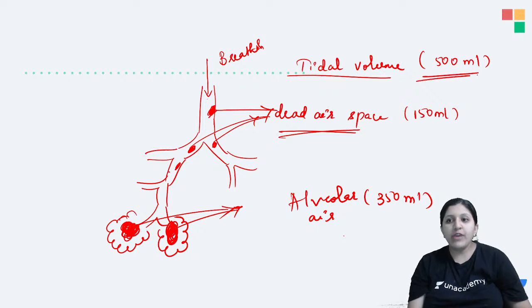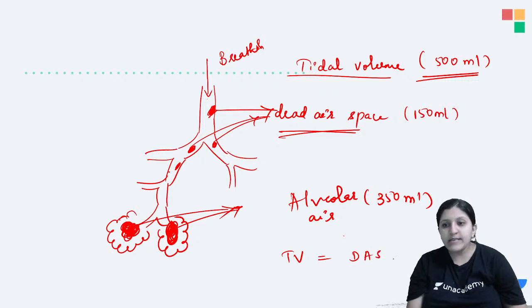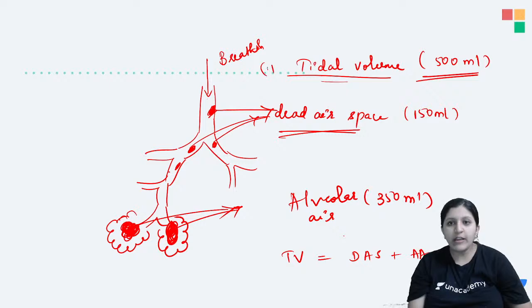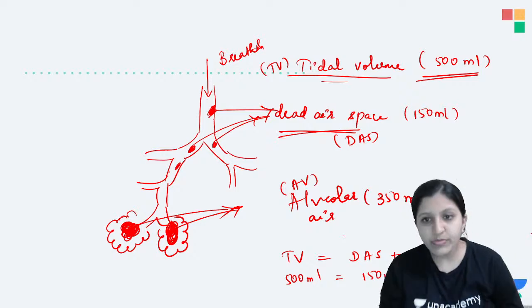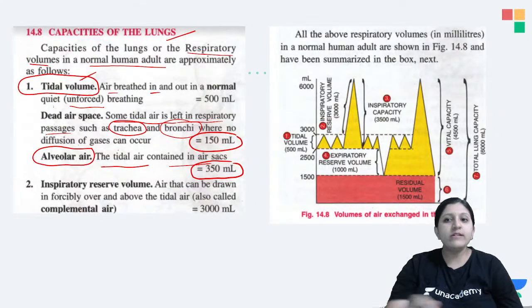So tidal volume is equal to dead air space plus alveolar air. Tidal volume is TV, so TV equals DAS plus alveolar air. That means 500 ml is equal to 150 ml plus 350 ml. Is this clear? So this is about the tidal volume.